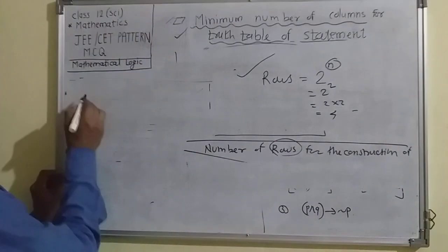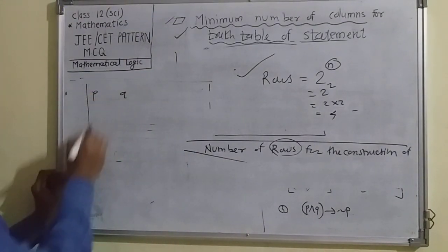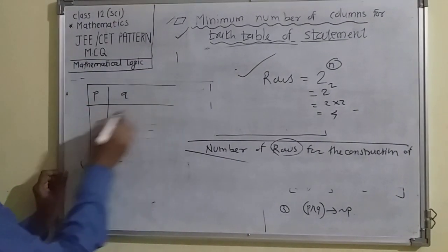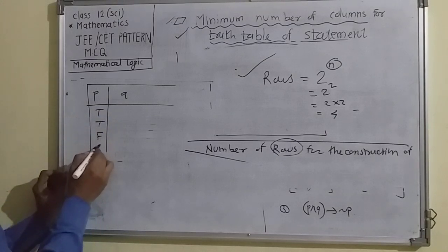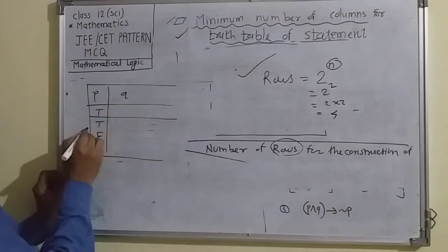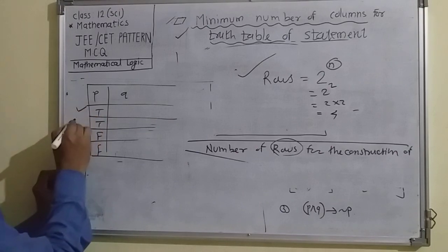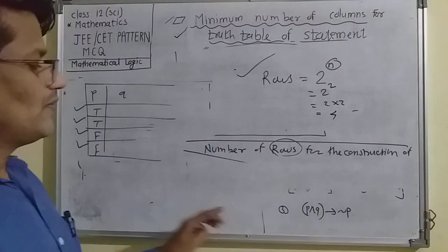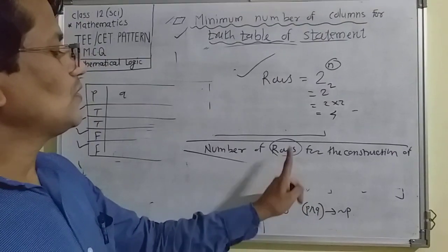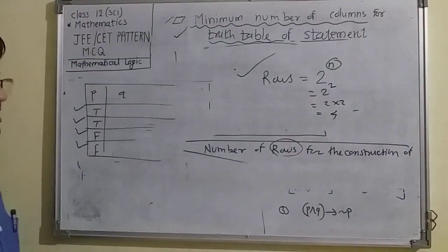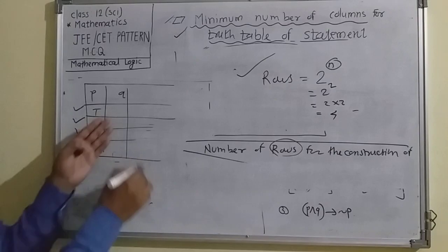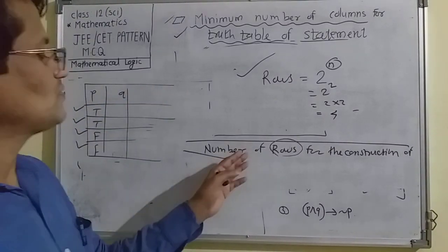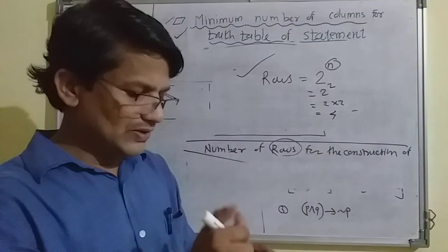For P and Q, we know double T, double F. Number 1, number 2, number 3, number 4. These are 4 horizontal rows for the construction of this. We can complete this truth table, but our question is only to find the number of rows.